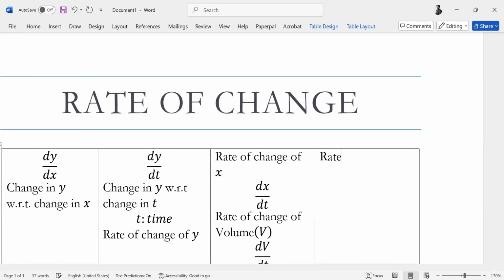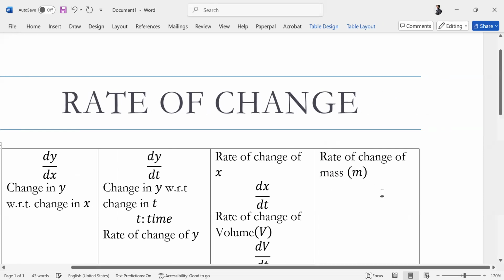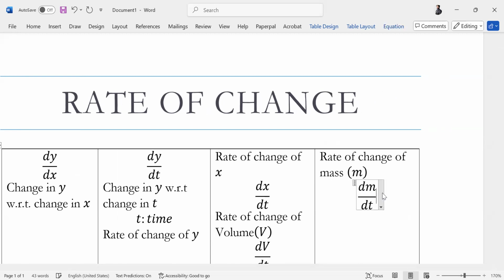If I ask you rate of change of mass and if I am representing mass as m, what will that be? dm over dt. So I can take any particular variable and uska change with respect to t, where t is being represented as time specifically. So then we can call that change rate of change of that particular variable. Is this clear now? समझ आया?